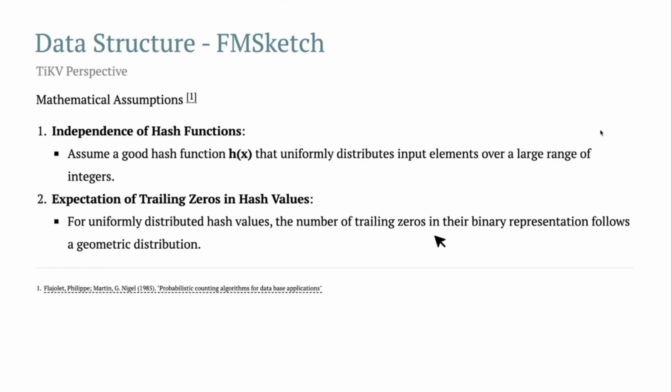Basically, we map each input to a random integer. Second, we assume that the number of trailing zeros in the binary representation of the hash value follows a geometric distribution, because we map them to random binaries. So we can check the trailing zeros and assume they follow the same distribution. These assumptions are critical for the accuracy of the FM sketch and how it works.